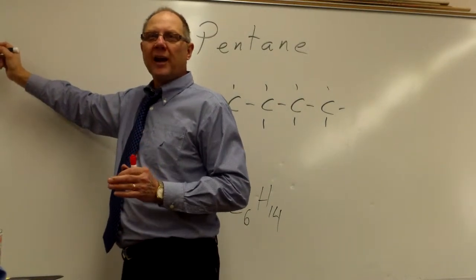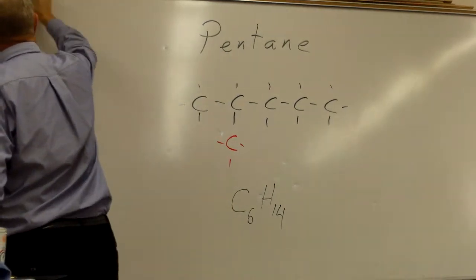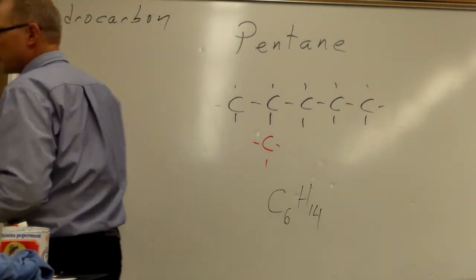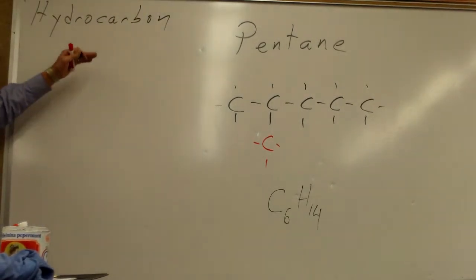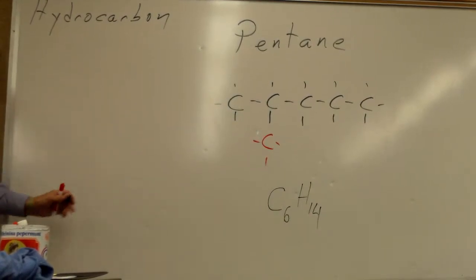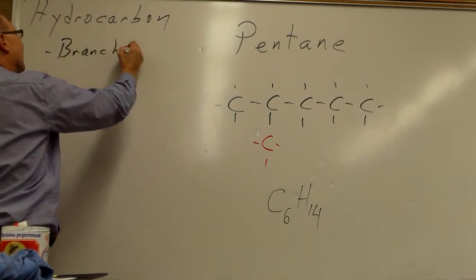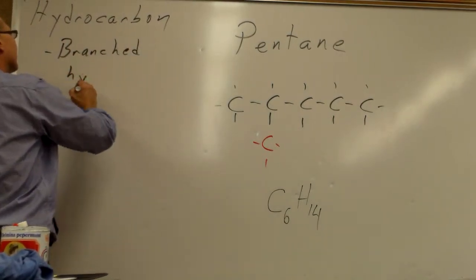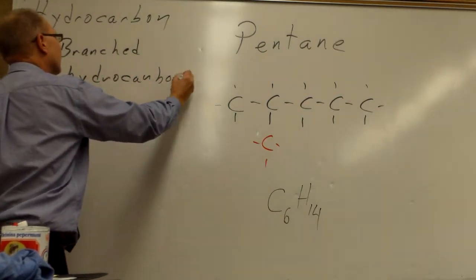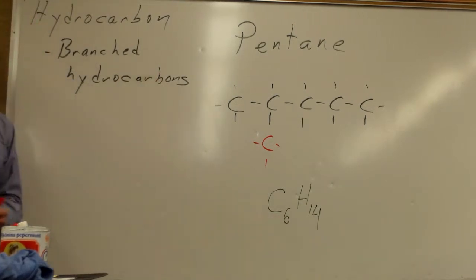We've got a new category of organic compounds. It is still a hydrocarbon. And remember yesterday under there we had alkanes, alkenes, alkynes, cyclic hydrocarbons. Now you can add one more to that, and that is branched hydrocarbons.